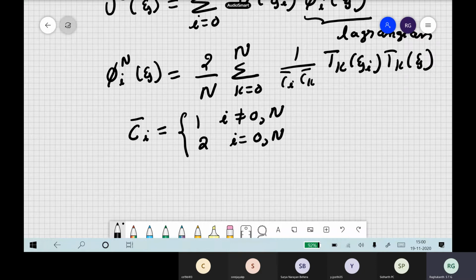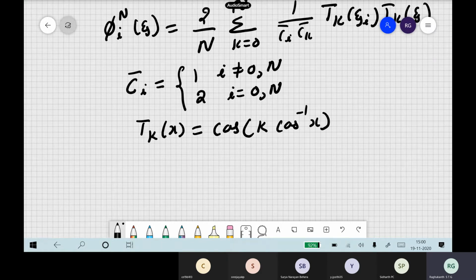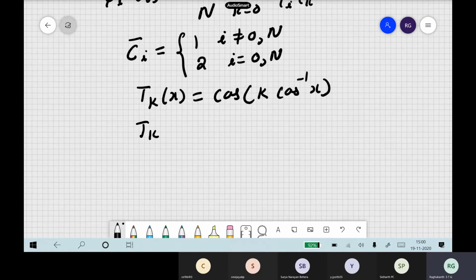And of course the Chebyshev polynomial we have already written previously. Tk of x is cos of k times cos inverse of x, or sometimes Tk of cos theta is cos of k theta. So these are our Chebyshev polynomials.